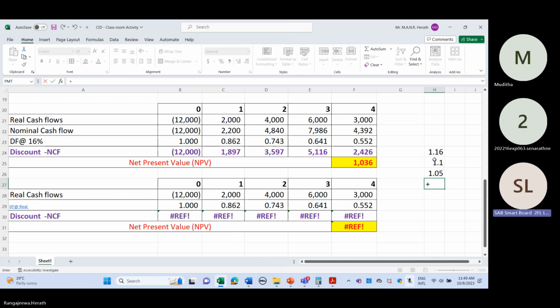So 1.05 minus 1. But note that this 1.05 is like 0.45.